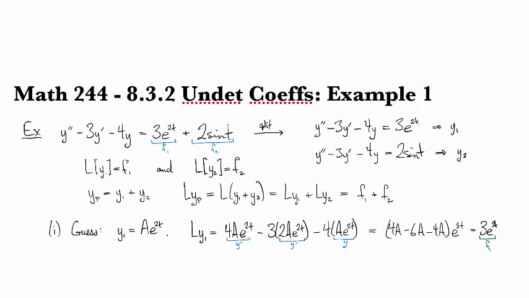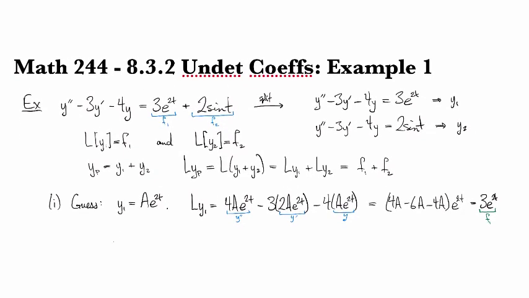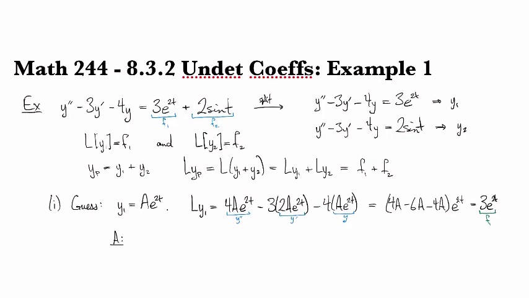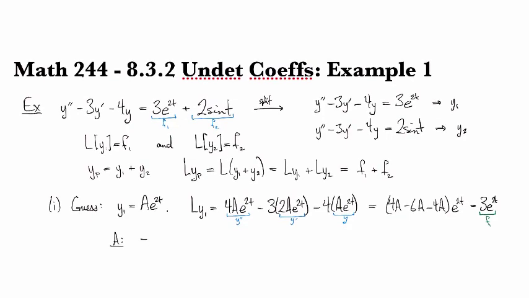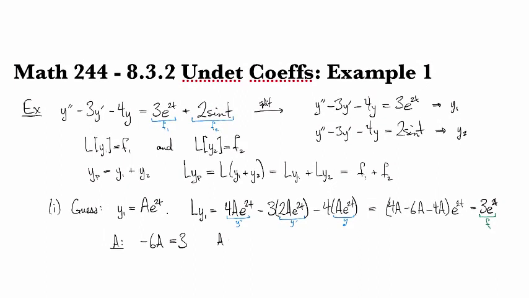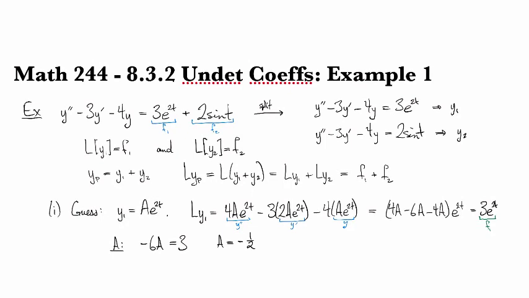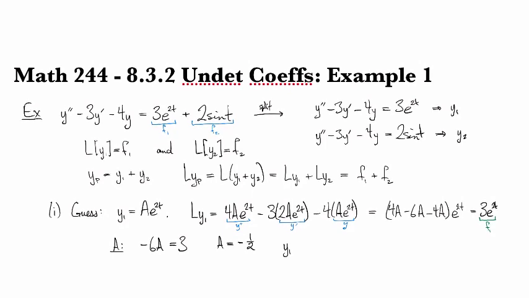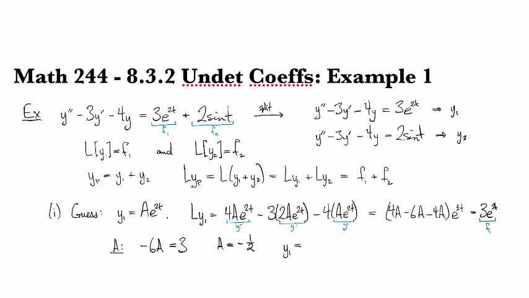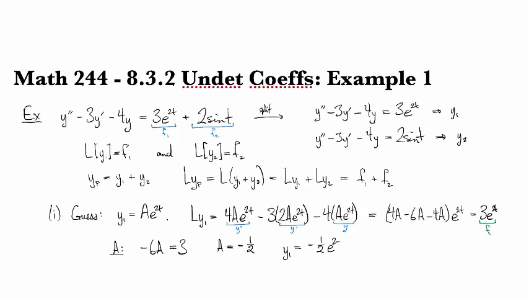So my equation for A then is that I've got minus 6A on the left side, and I've got 3 on the other. So A is going to be equal to minus 1/2, and my particular solution for this part of the problem is going to be minus 1/2 e to the 2t.